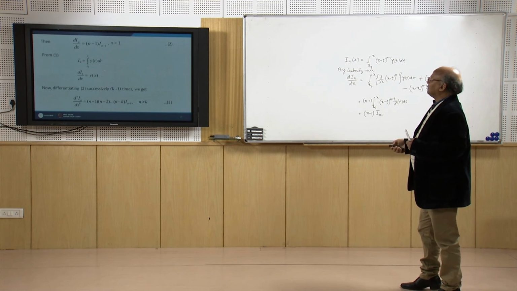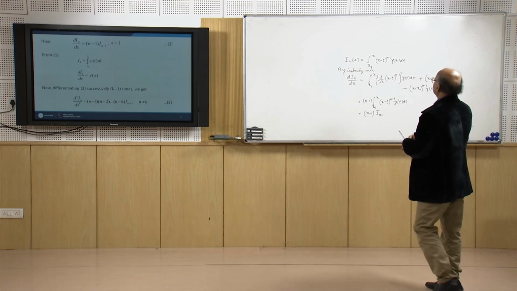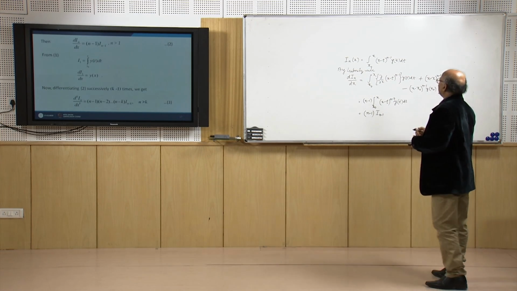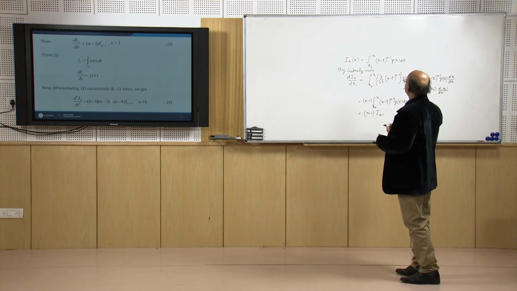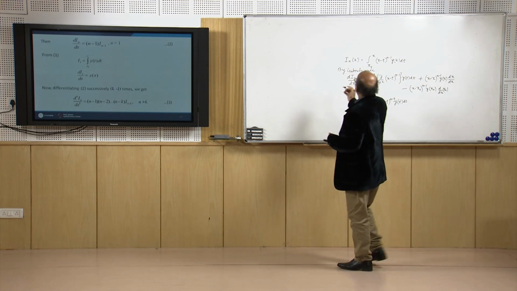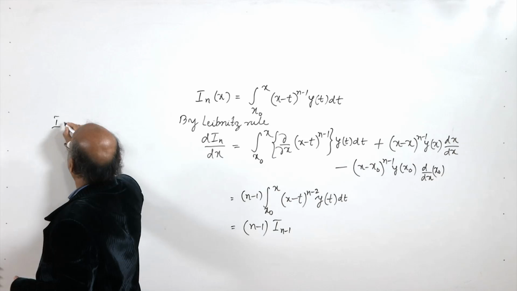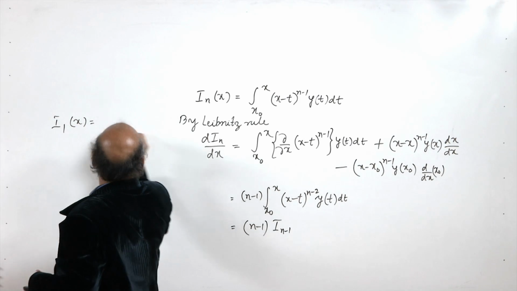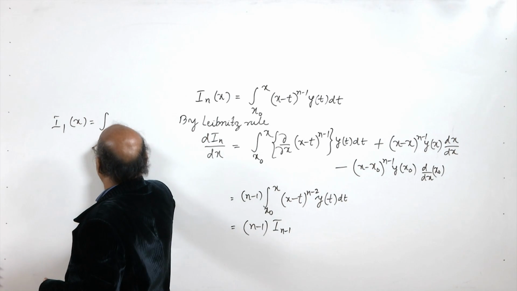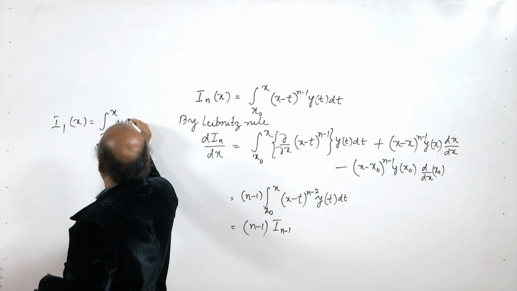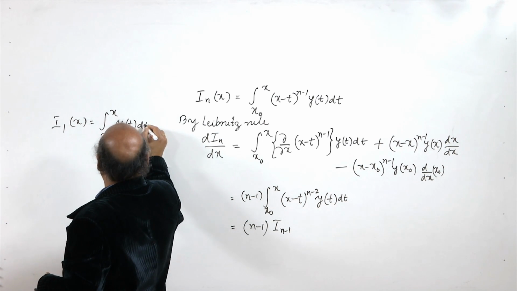Now, from the equation I_n(x) equal to the integral from x naught to x of (x minus t) raised to the power n minus 1, into y(t) dt, if we put n equal to 1, what do we get? I_1(x) equal to the integral from x naught to x of y(t) dt.